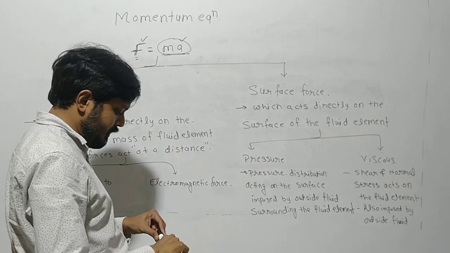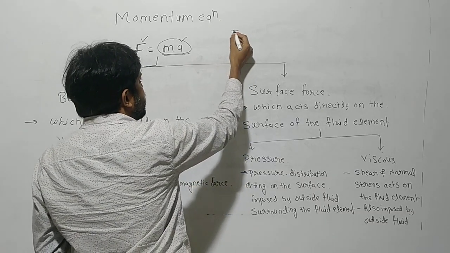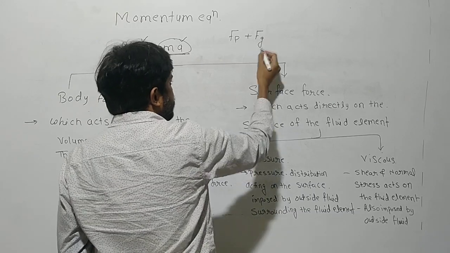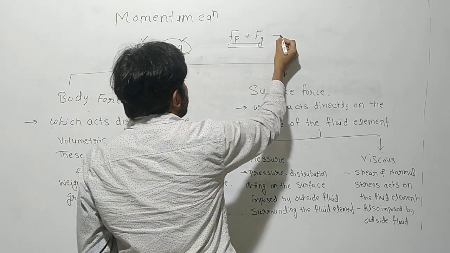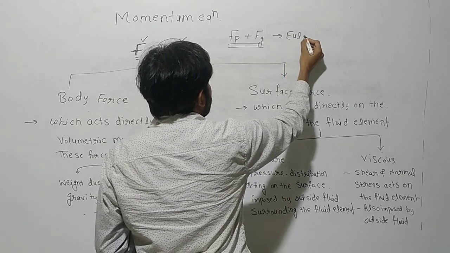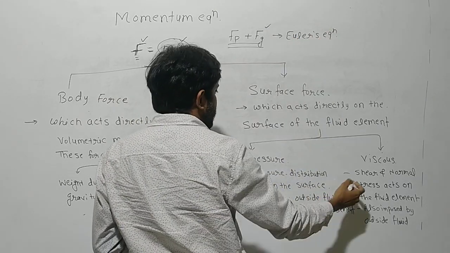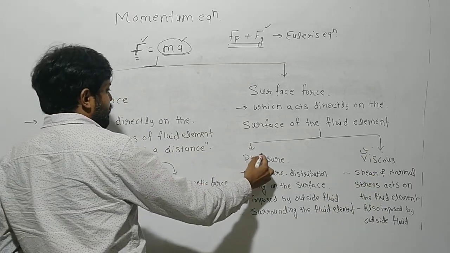In our lower fluid mechanics, we have studied Euler's equation. In Euler's equation, generally pressure force and gravity force, these two forces we have considered. In Euler's equation we have not considered viscous force, only body force and pressure force.